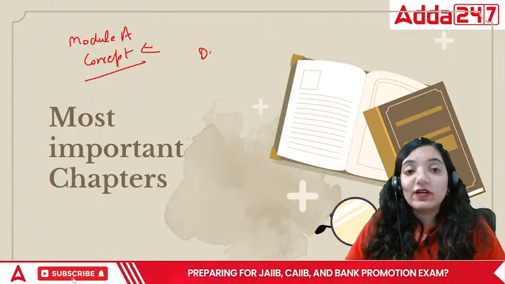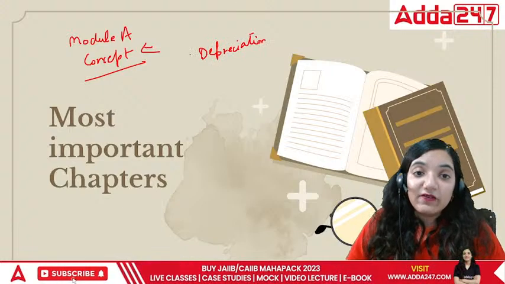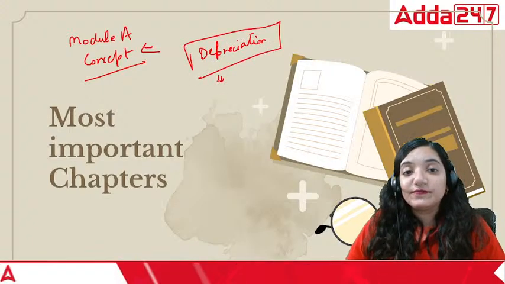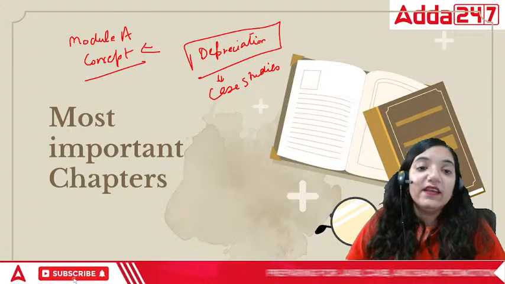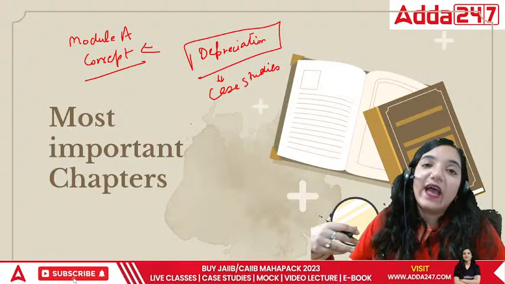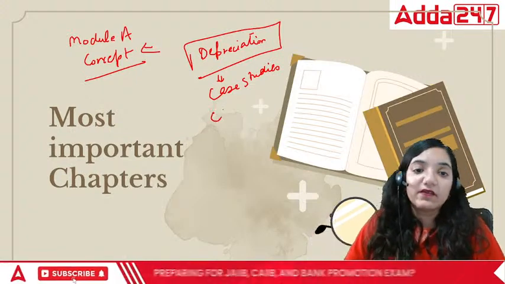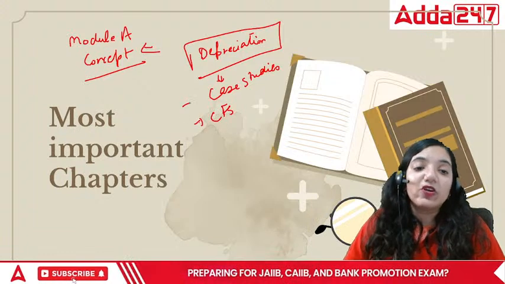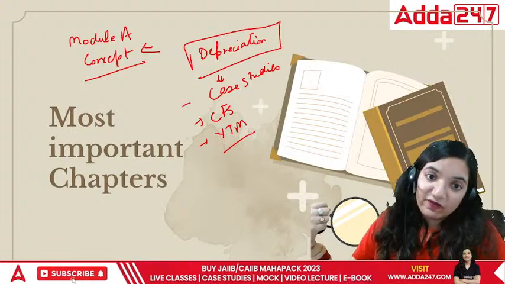There is a particular topic called depreciation, which is super important. They give case studies out of it. Then in module B, we have the cash flow statement, recently introduced, an important topic. In module C, we have bond valuation, that is in terms of YTM.